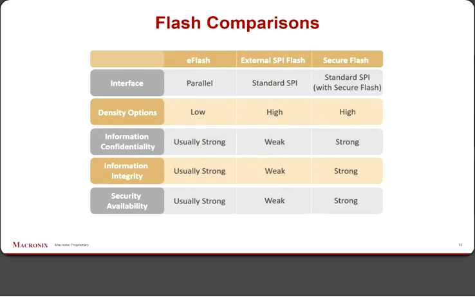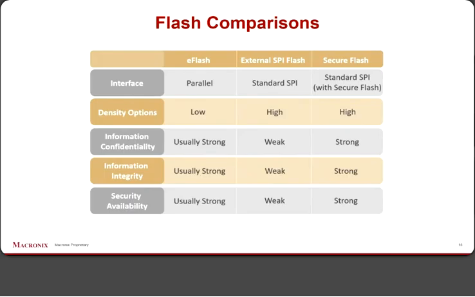And if there are no design features added for external SPI flash, well then for those three categories it's pretty weak. And then for secure flash, those areas are addressed and they are strong.